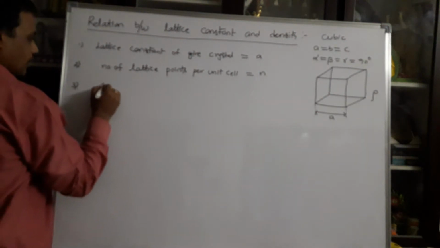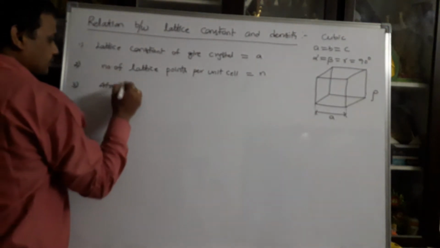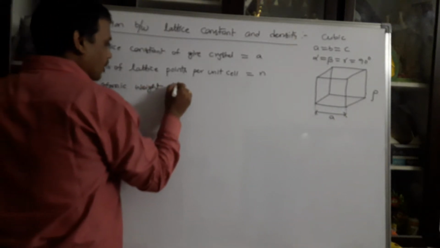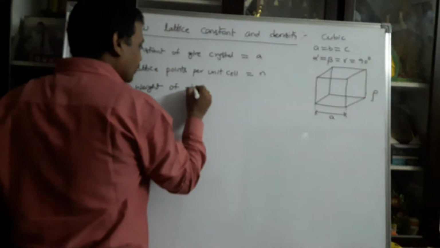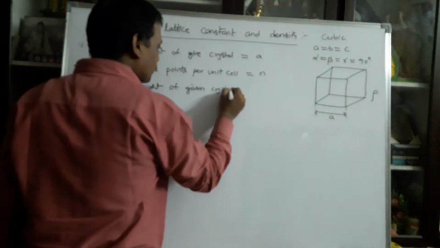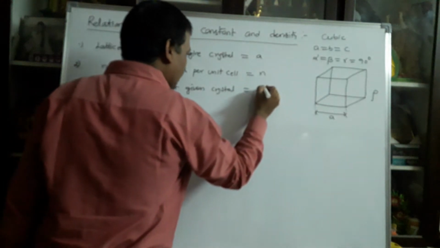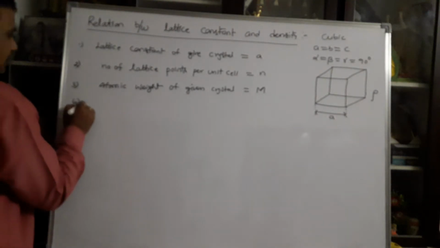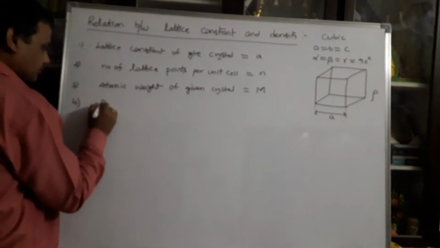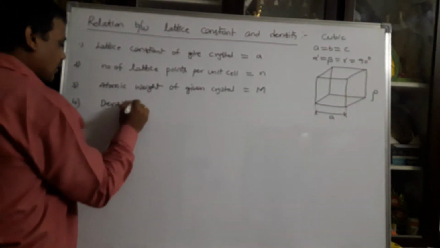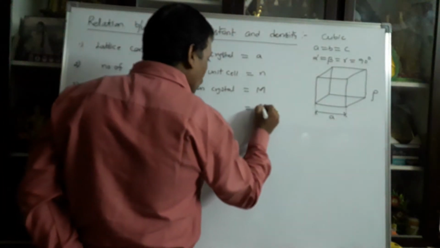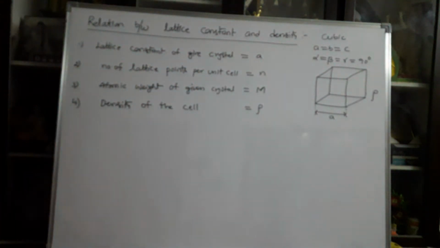Third, the atomic weight of the given crystal can be taken as capital M. Fourth, the density of the unit cell can be taken as rho.